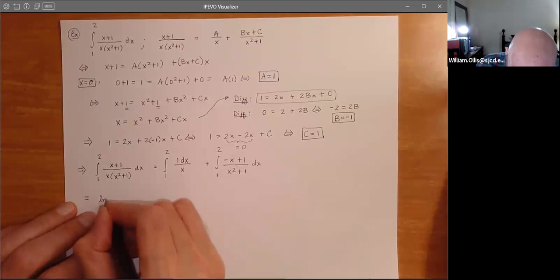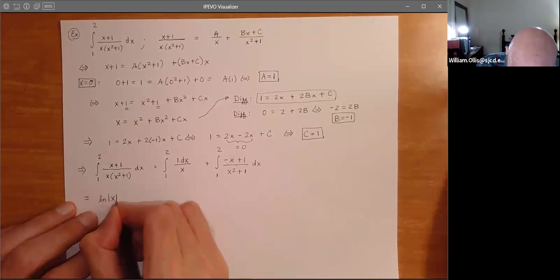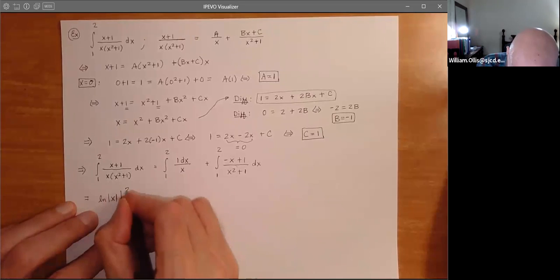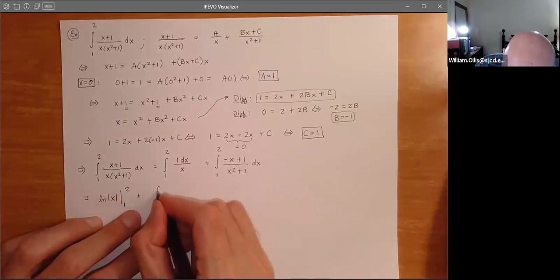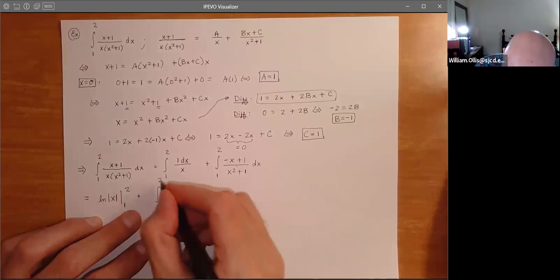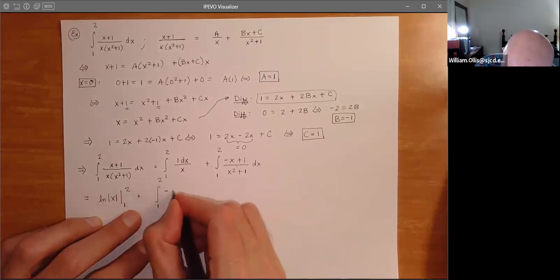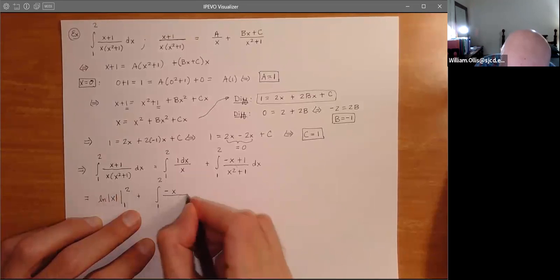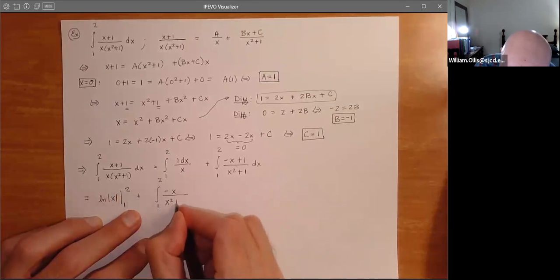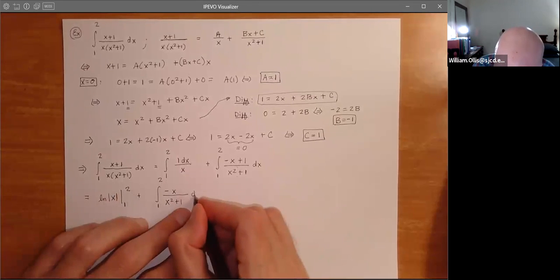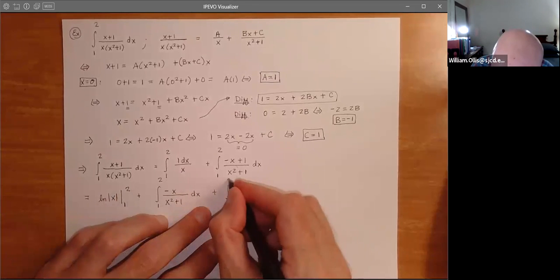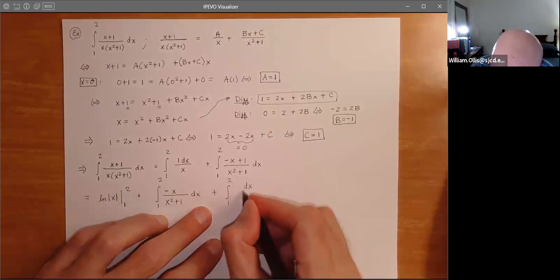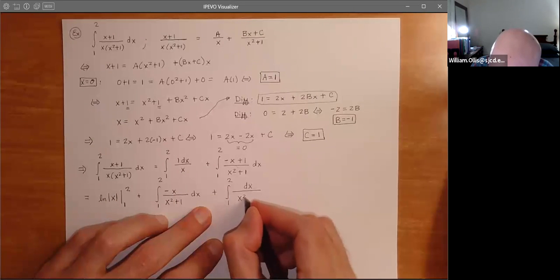So we have natural log of the absolute value of x, from 1 to 2, plus the integral from 1 to 2 of negative x over x squared plus 1 dx, plus the integral from 1 to 2 of dx over x squared plus 1.